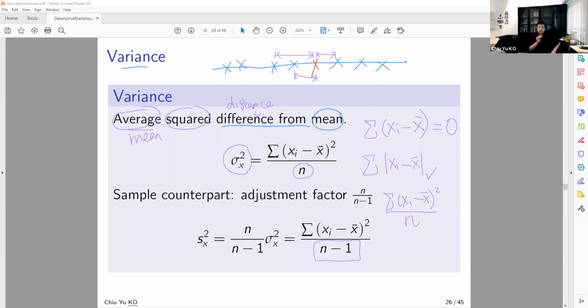The reason why we want to go from n to n minus 1, we will learn in the chapter in week 6, where we learn estimation. It turns out that n minus 1 is a more accurate measure when the sample size is small.